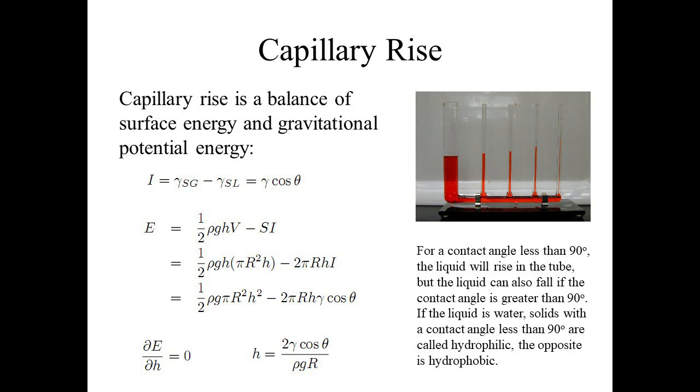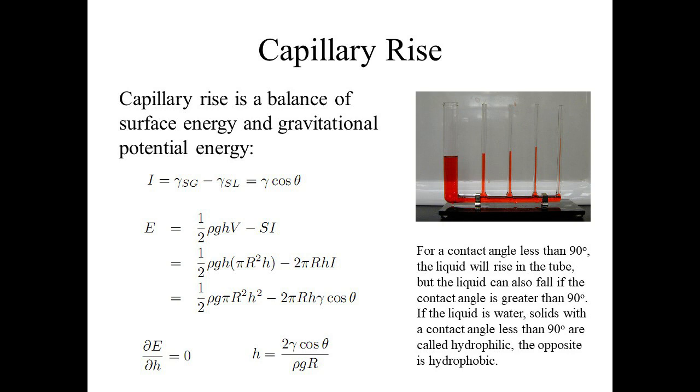Here the energy can be counted, and from there we can derive Jurin's law, which is h = 2 gamma cos theta over rho g R, where rho is the mass density, g is the gravitational acceleration, and R is the tube radius.